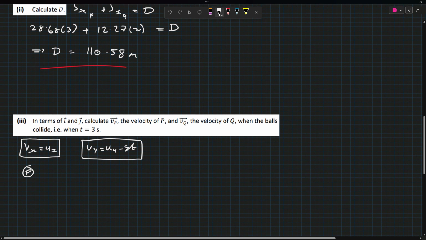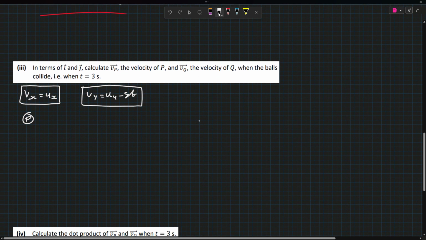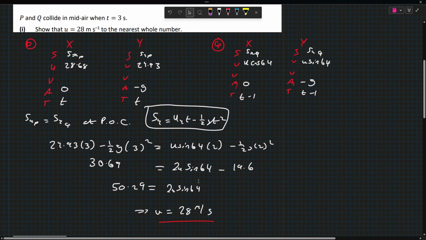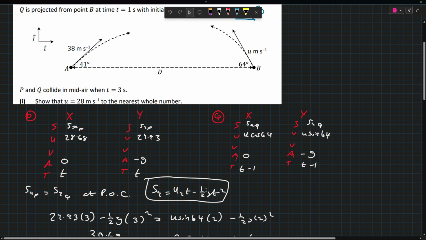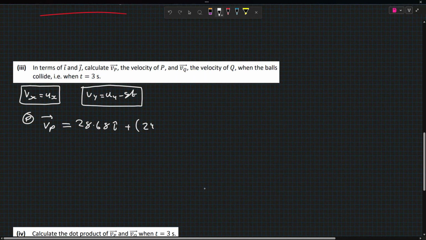So Vp is its initial velocity, 28.68 i plus uy, which is 24.93 minus 9.8 times 3.